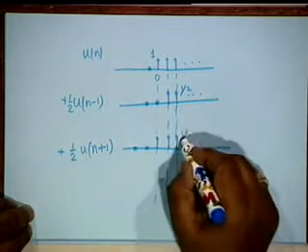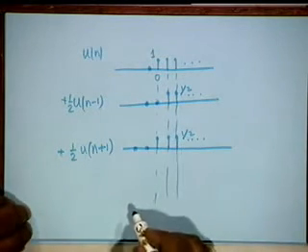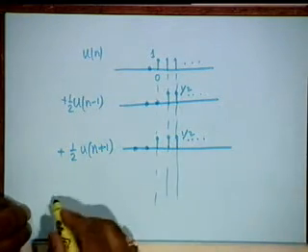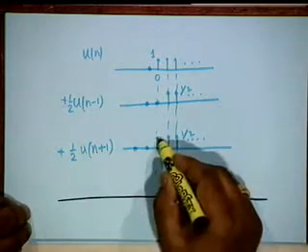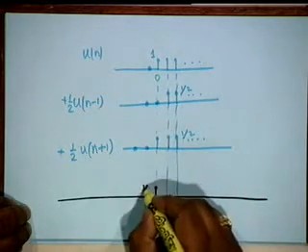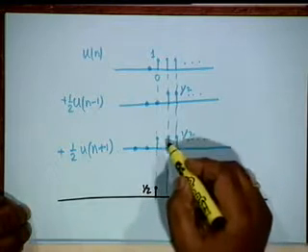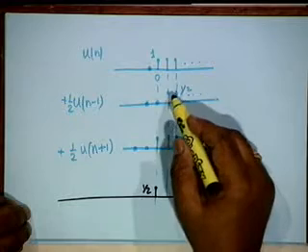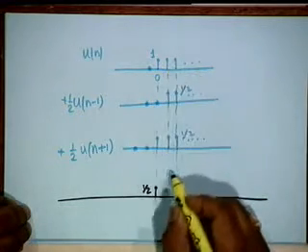If you add this, this is half. If you add this, then what is it that you get? At n equal to minus 1, this is where it starts. It will have a value of half. At n equal to 0, it shall have a value of half plus half, 1 plus 1, which is 2.